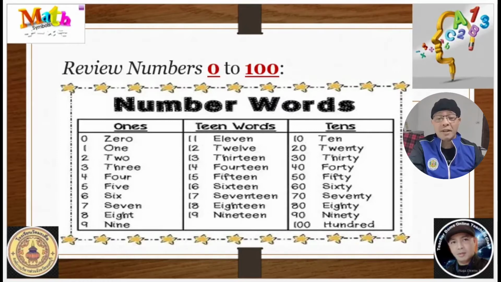We have 11, 12, 13, 14, 15, 16, 17, 18, and 19. Now, let's proceed to tens. We have 10, 20, 30, 40, 50, 60, 70, 80, 90, and 100.